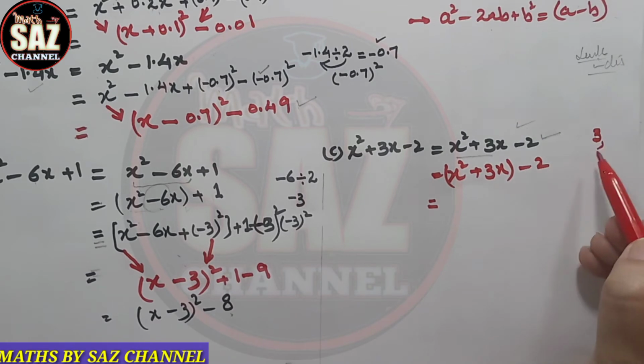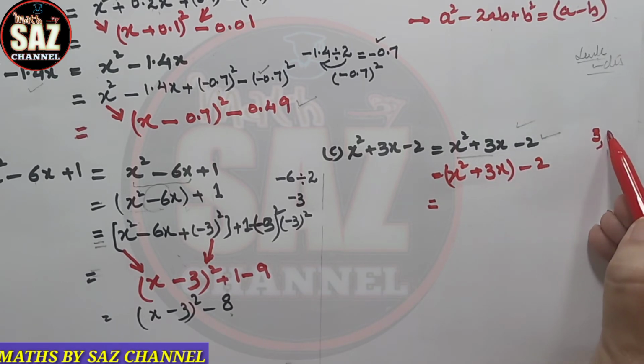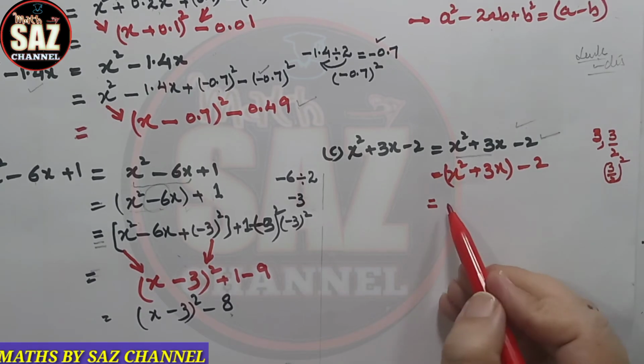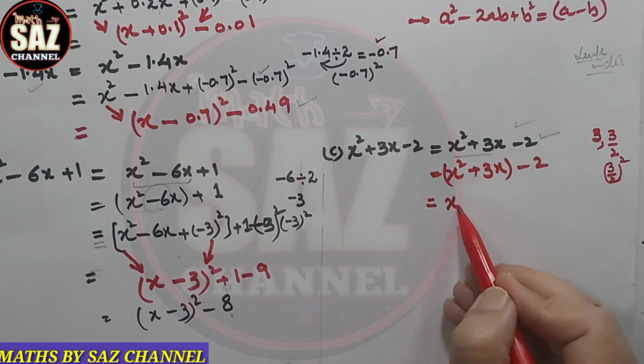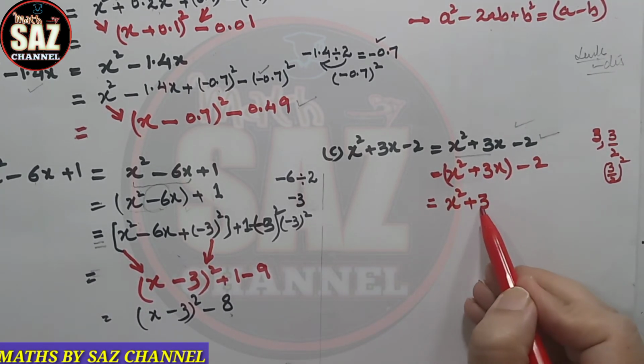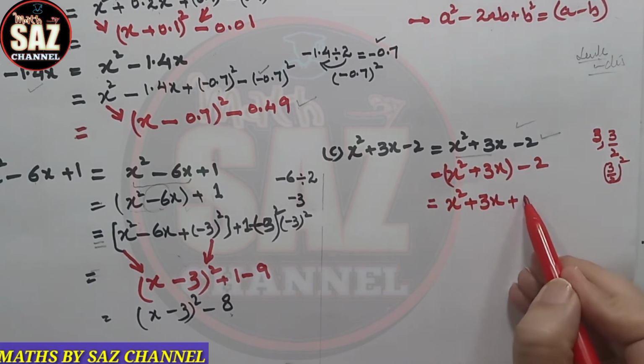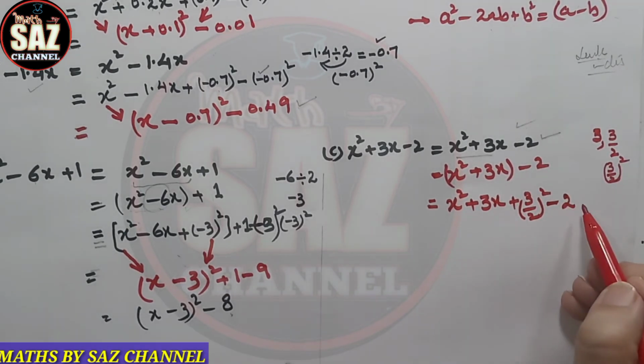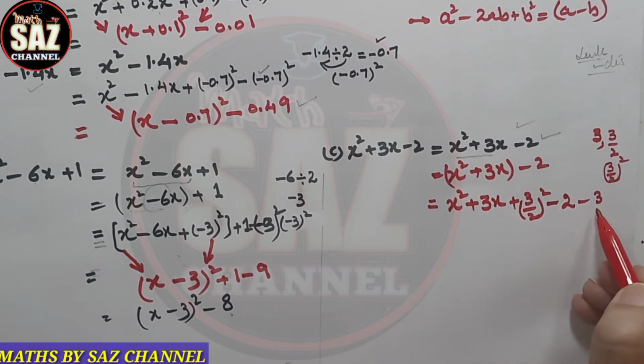I make it half, meaning I divide it by 2, and that becomes 3 by 2. Then I add and subtract the square of this half, 3 by 2 whole square. So the expression becomes x square plus 3x plus (3 by 2) whole square minus 2 minus (3 by 2) whole square.